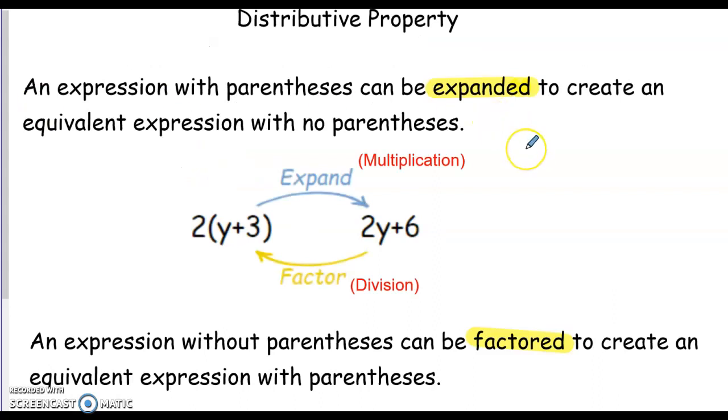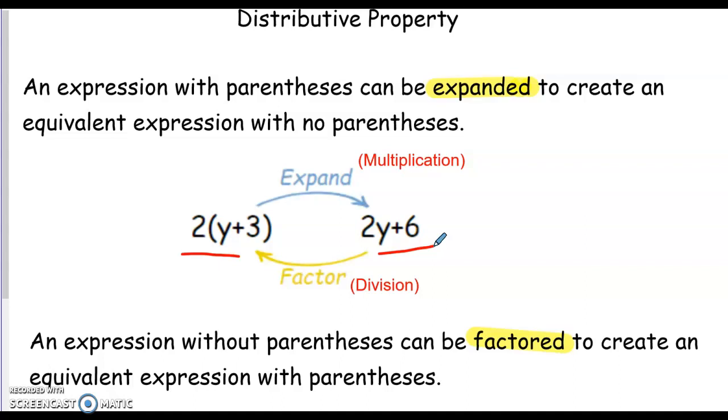All right, today we're going to be using the distributive property, and there are two ways we're going to do it. We're going to either start with an expression with parentheses like this, and then use the distributive property to expand it by multiplying. Or we're going to start with an expression that looks like this, and we're going to divide and factor out one of the factors.